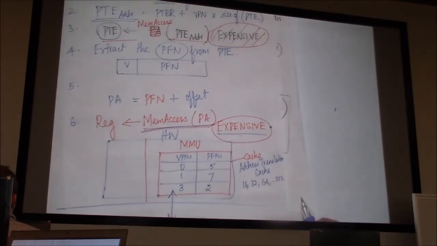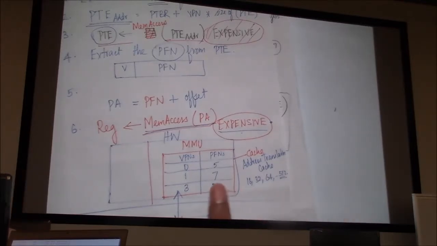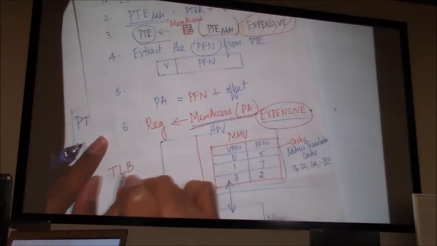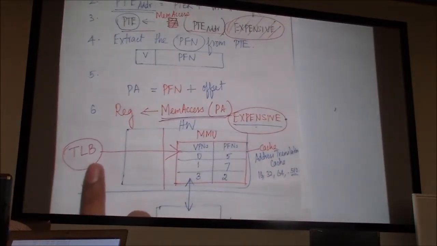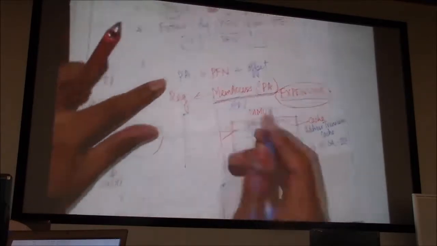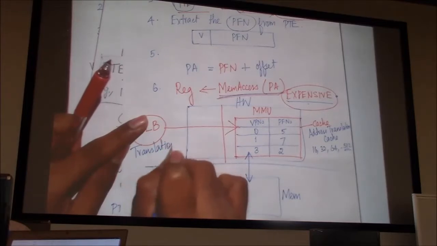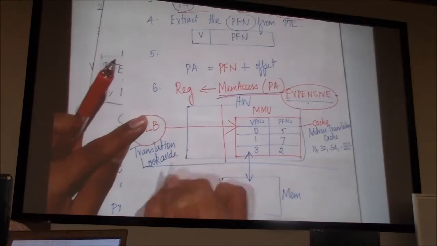And for historical reasons, this particular cache is named the TLB, the translation look-aside buffer.